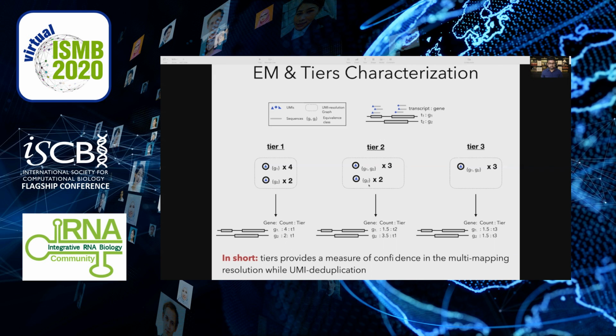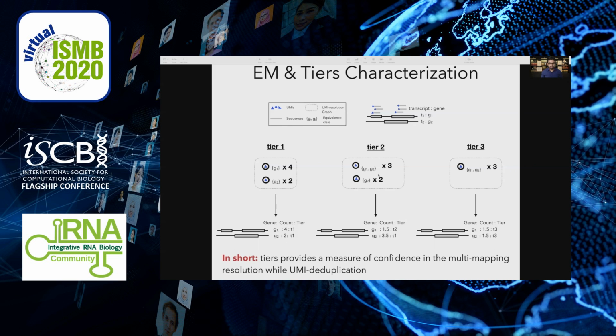Here I'm showing gene G2 has 2 unique reads and there are 3 reads which map equally well to genes G1 and G2. So how do you assign these reads to one of the genes? It's a complicated problem. The intuitive understanding would be to assign more reads to a gene which has unique evidence and downweigh the assignment to the gene which has no unique evidence.